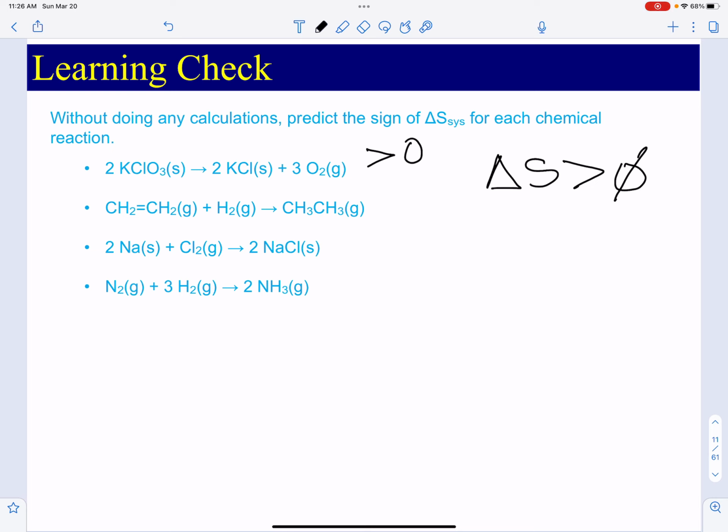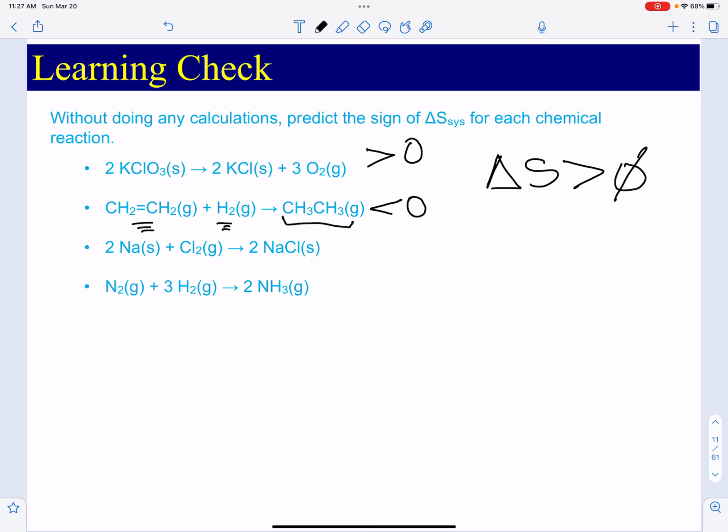On the next one, we have two molecules combining into one molecule. Two molecules is going to be more randomness than only one molecule. So that's going to decrease the disorder, the randomness, the entropy. So that's going to be less than zero.